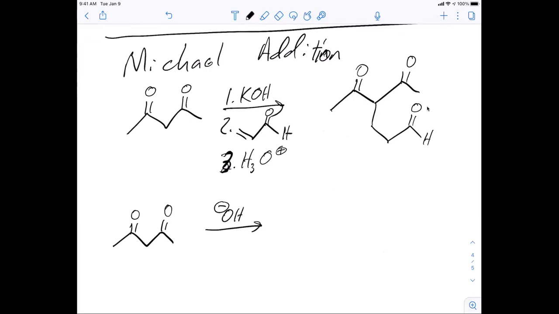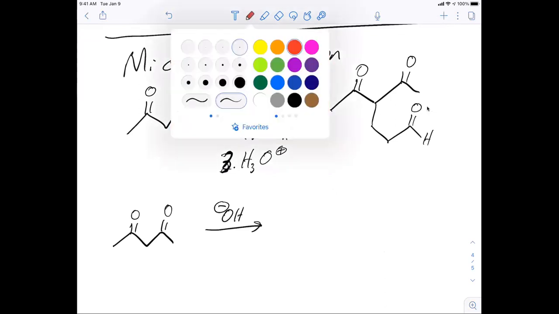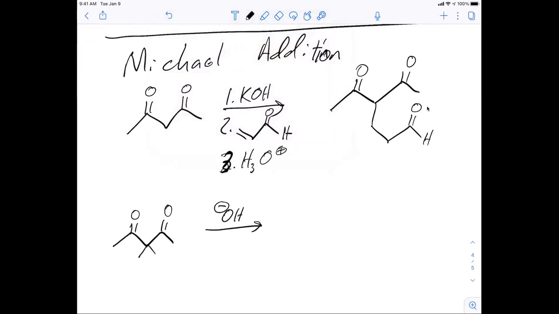How did I make the enolate? That's usually the first step. The protons here, remember, have a pKa around 9, so they're much more acidic than the other two positions. So I form the enolate there. Because there's a difference between a pKa of 16 and 9, this will quantitatively make this, right? So I don't have to worry about it reacting with itself.